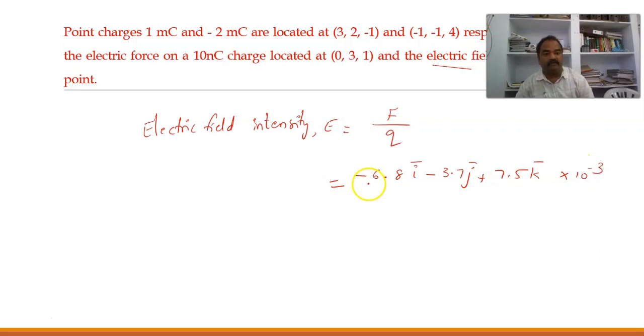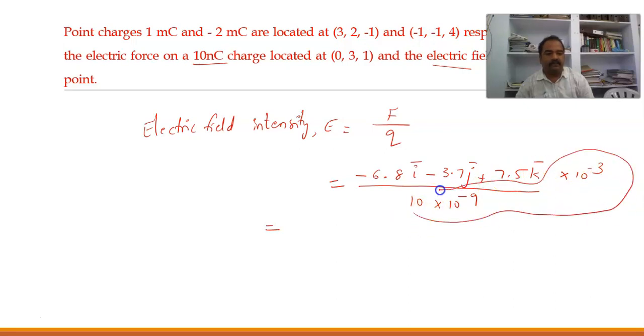Divided by the charge at this particular point P, which is 10 nanocoulombs, so it will be 10 into 10 to the power of minus 9. So what you will get is this thing into 10 to the power of 5.